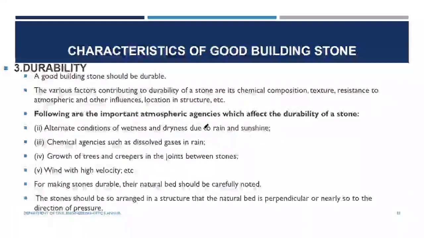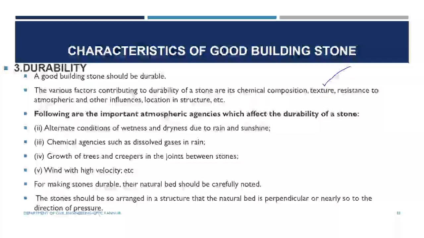Okay, durability. A good building stone should be durable. The various factors contributing to durability of a stone are its chemical composition, its texture, resistance to atmospheric and other influences, location, structure, etc. What is a texture? A texture is nothing but the arrangement of minerals forming a rock.